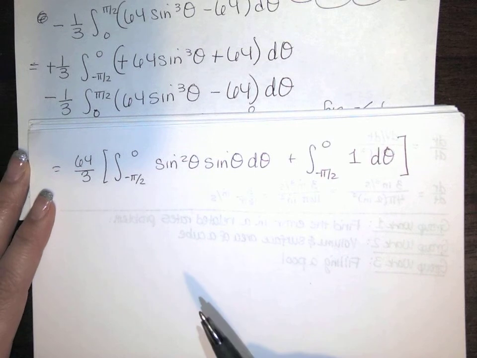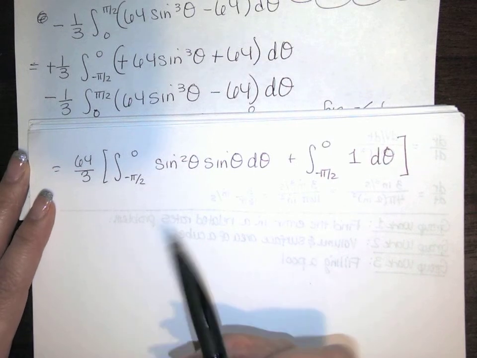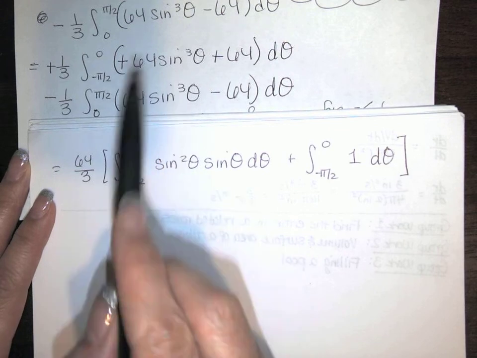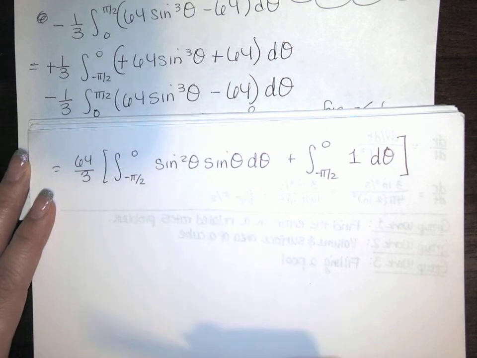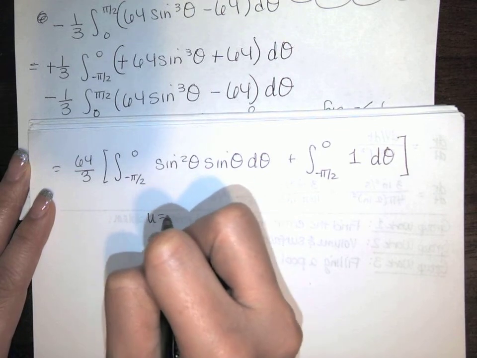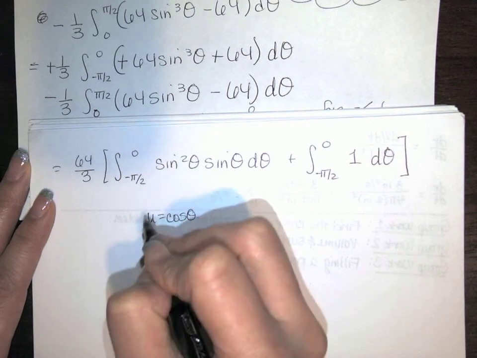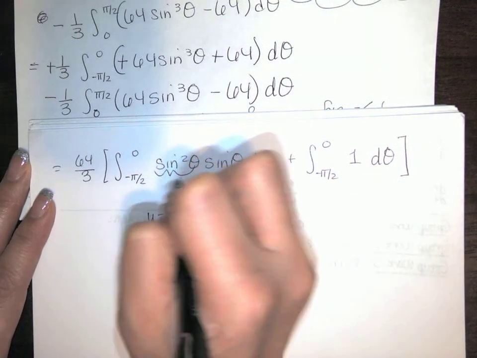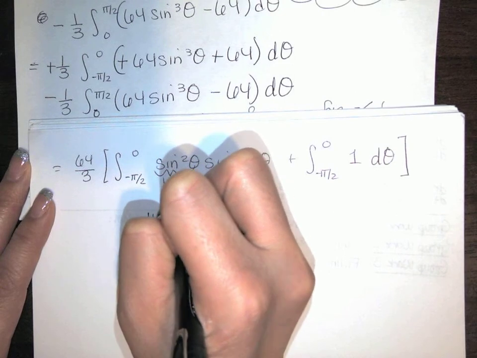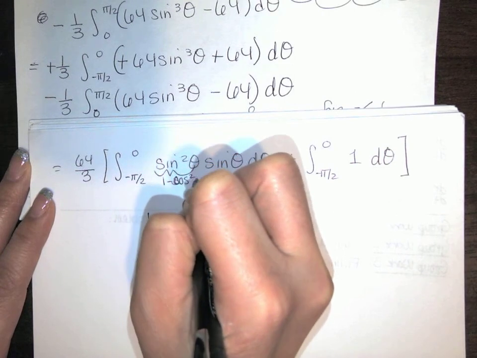Now this can be evaluated by using a trigonometric substitution. Since sine was raised to an odd power, we save one sine for du and we let u equal cosine of theta. And since sine squared plus cosine squared equals 1, sine squared is 1 minus cosine squared.